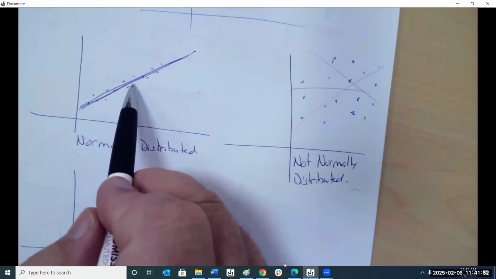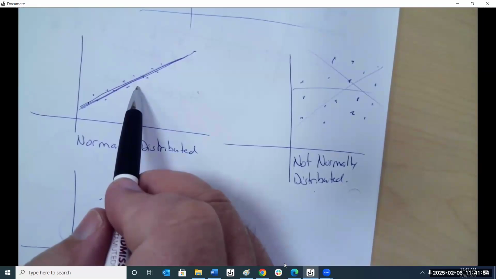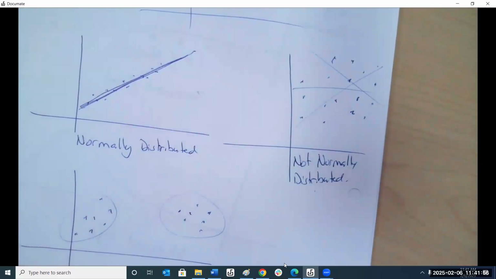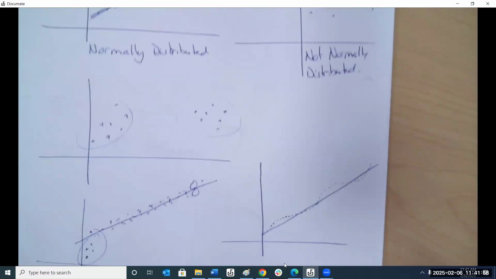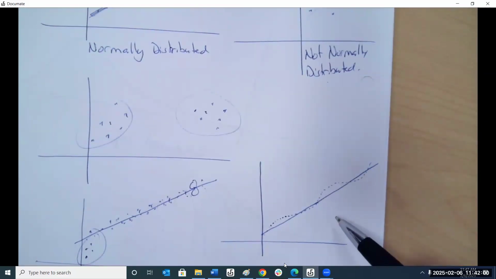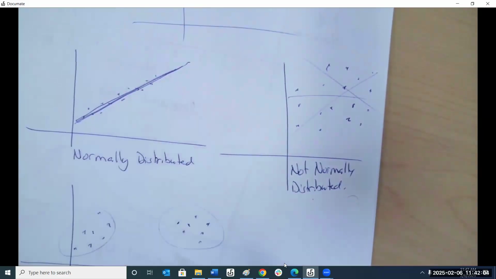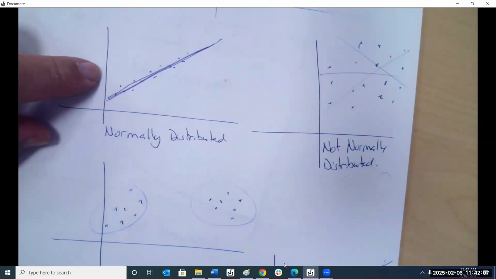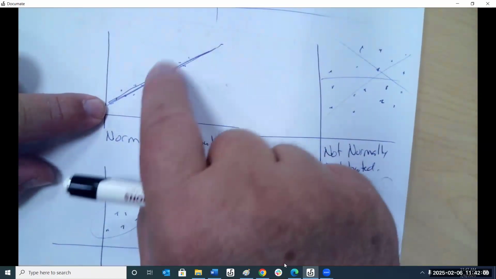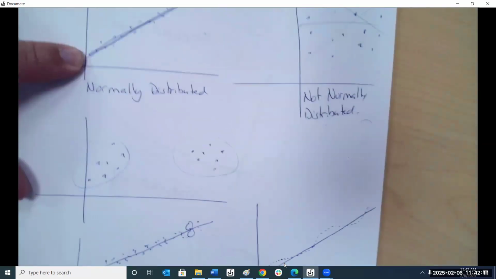Neither is this one. What's that? When this one has no line. The distance from each of these points to that line is very close.